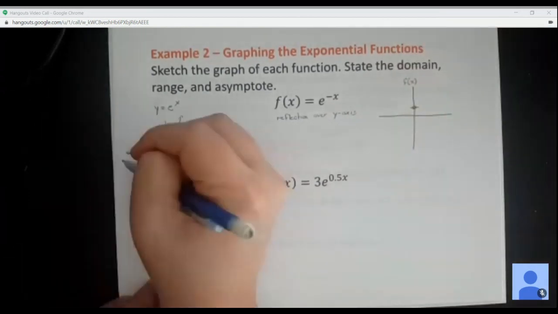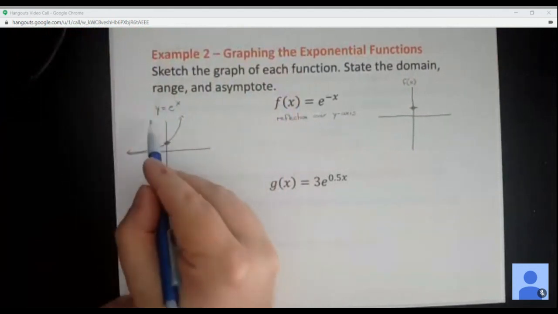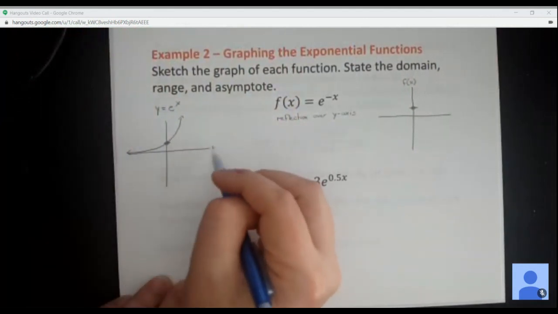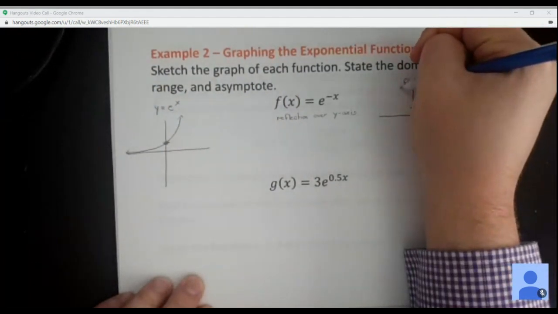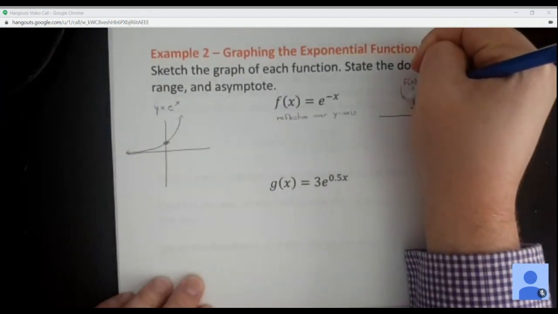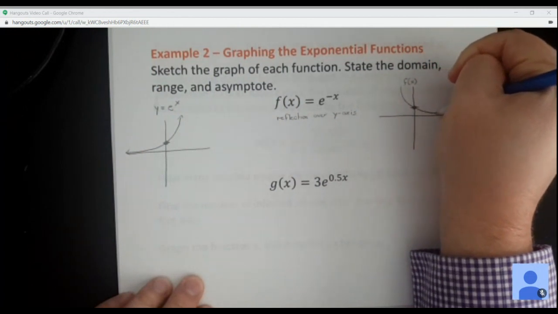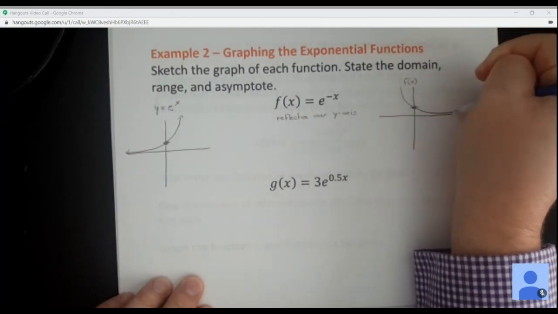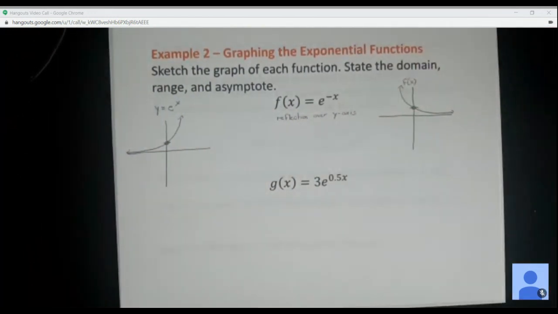And now if I just take all of this and I reflect it, that means this piece is going to be over here, and this piece is going to be over here now. And so now, instead of being a J-shaped curve, it becomes what? Good. So now we just have an L-shaped curve that looks like this. Still has the y-intercept at 0, 1.